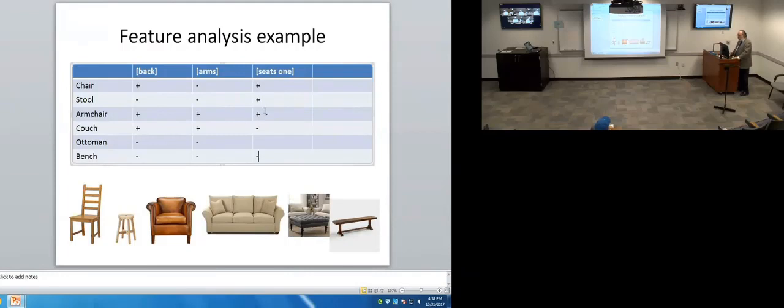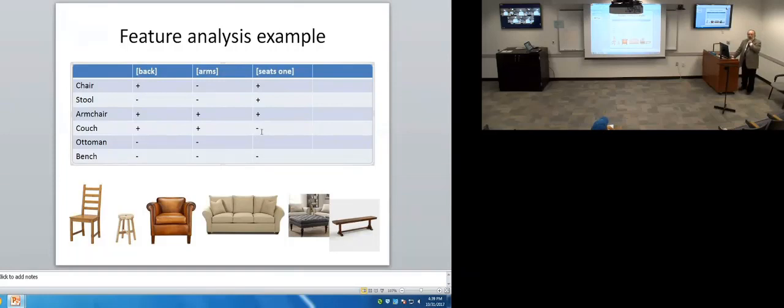Okay, now the ottoman is a bit of a tricky one because, well, does it seat more than 1 person? Depends on the size, right? It depends on the size. So let's look at the example that you have there. Is that something that 2 people can sit on? Maybe, right?